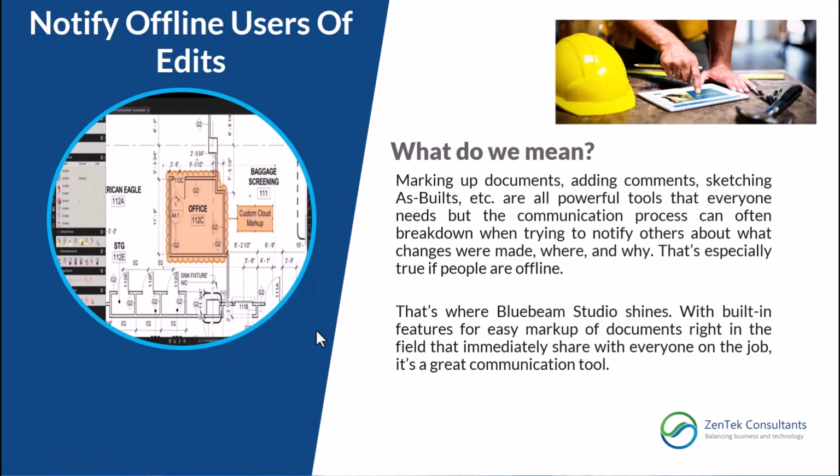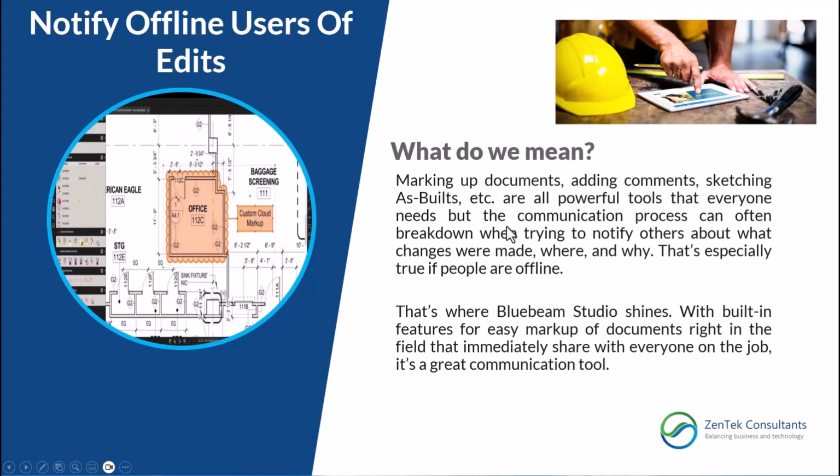So for today, I want to talk about how we notify offline users about edits. When we're working in the field and marking things up on our iPads, or from the office, or after hours, or from an airport somewhere, it's great to be able to use Bluebeam to make markups, edits, and comments on important things going on your project.